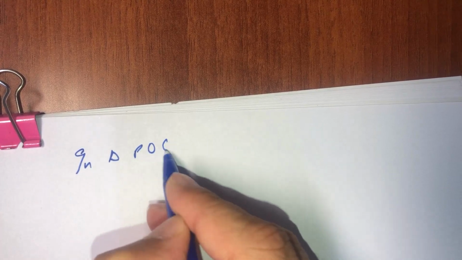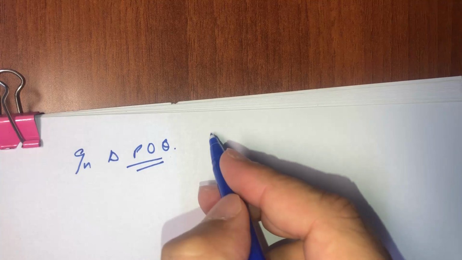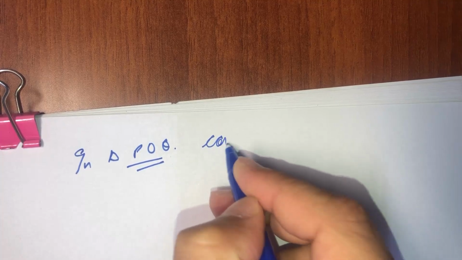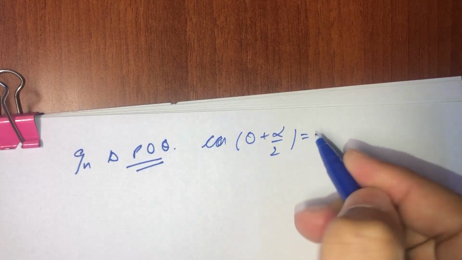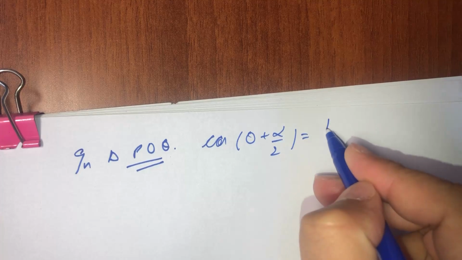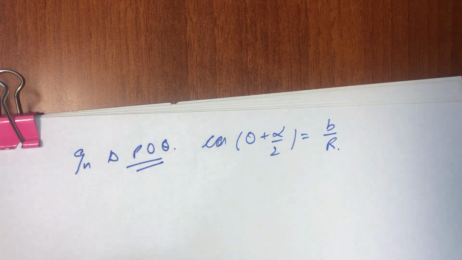So in triangle POQ, cos of theta plus alpha by 2 will be equal to b upon R.